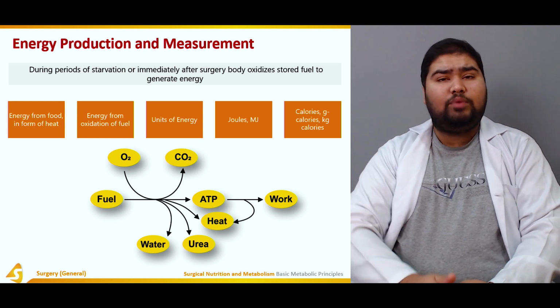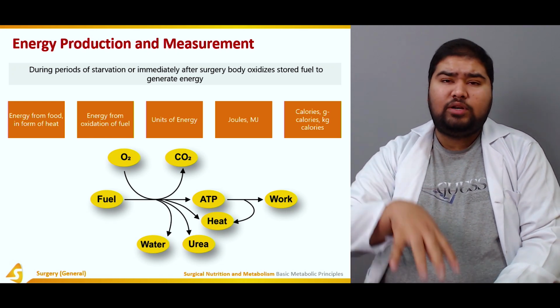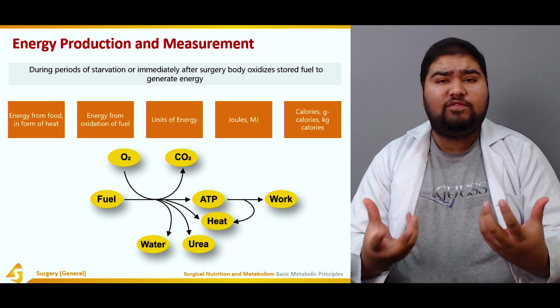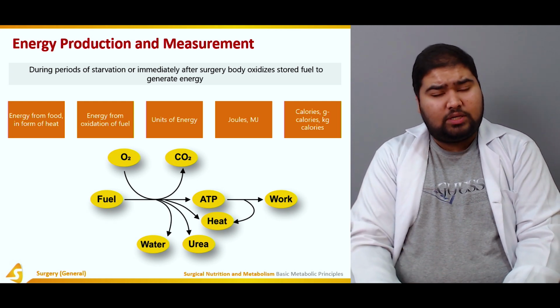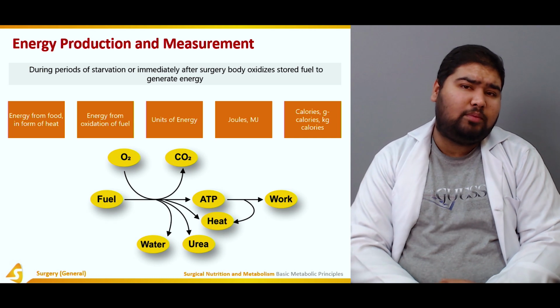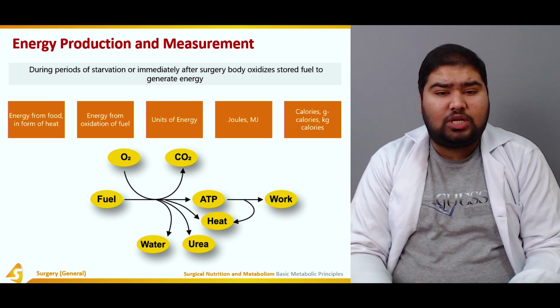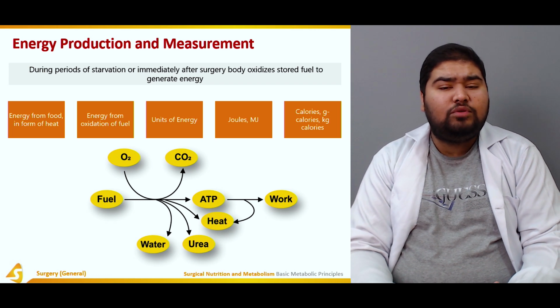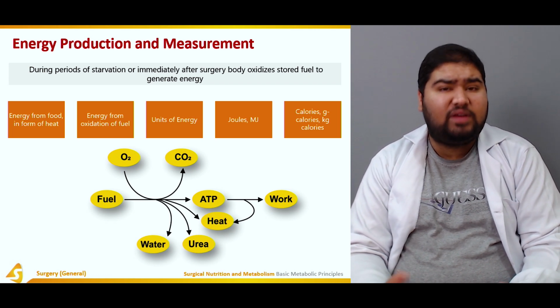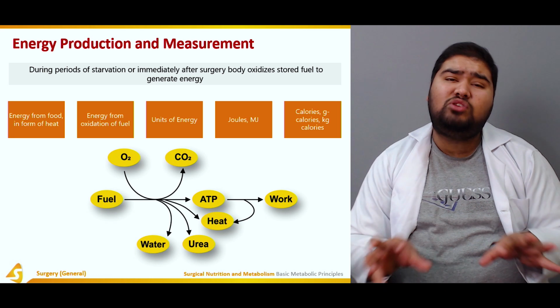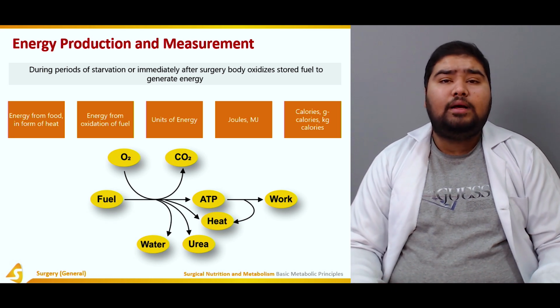Now, in the starvation mode, the body is oxidizing the fuels that are present within the body. The glucose that is present within the body is being utilized to produce energy. Now, energy from food is generated in the form of heat as well. All the energy is not utilized, all right?